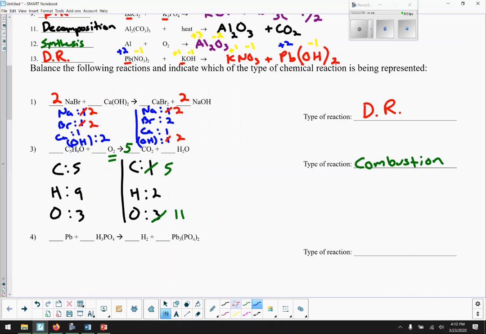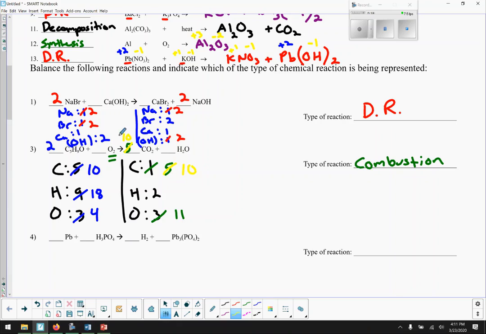So I'm going to have to go back, double this, so that means I will have 10, 18, 2 plus 2 is 4. And I'm also going to look back and change this to 10.